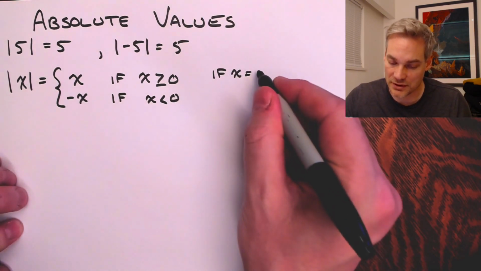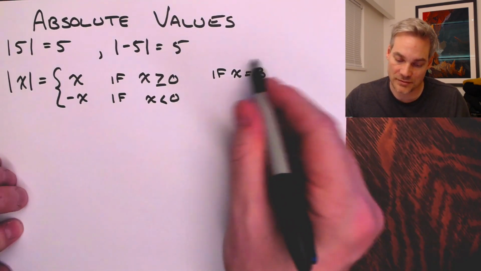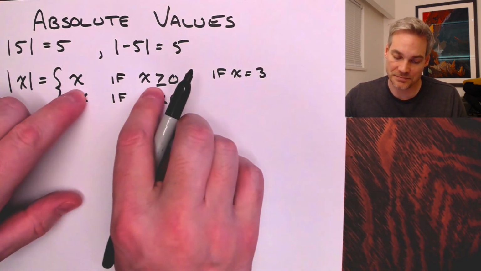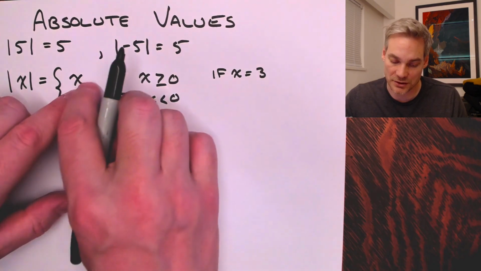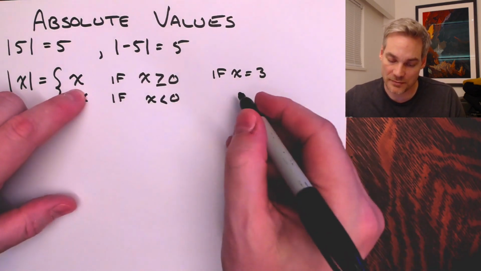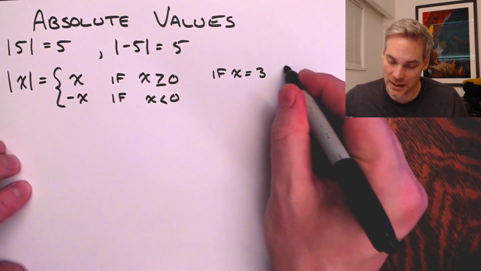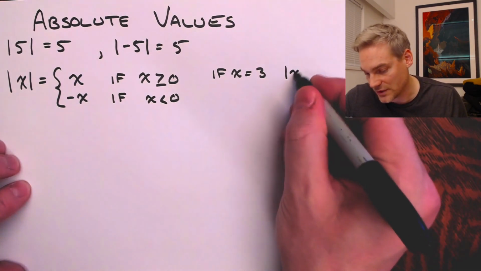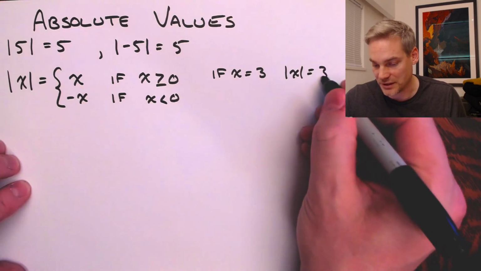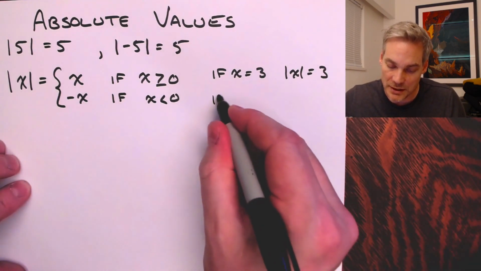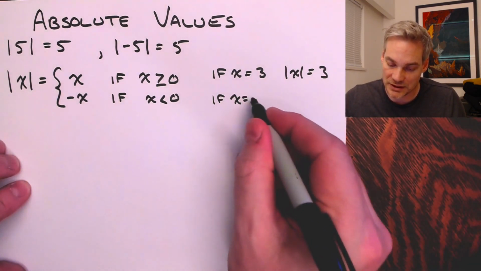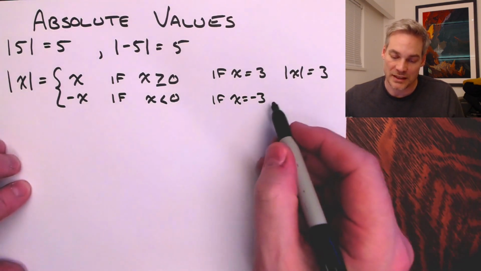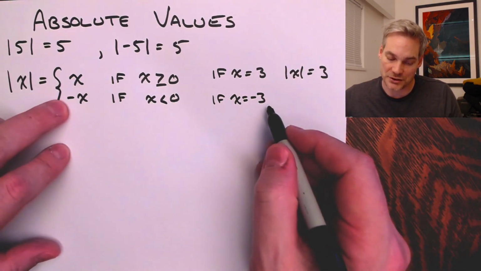So this is to say if x equaled 3, then it's this case. So x is bigger than 0, so I just put x is 3. So then the absolute value is just 3. That's kind of funny. But now if x equaled negative 3, in this case, I have to choose the negative of that.